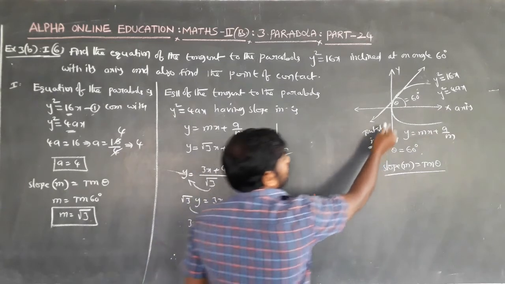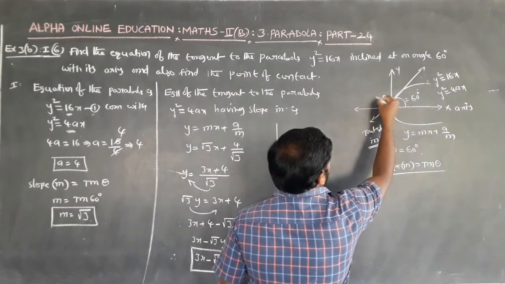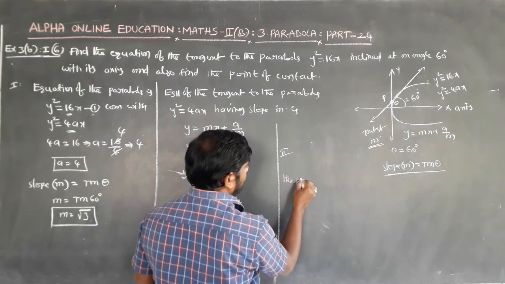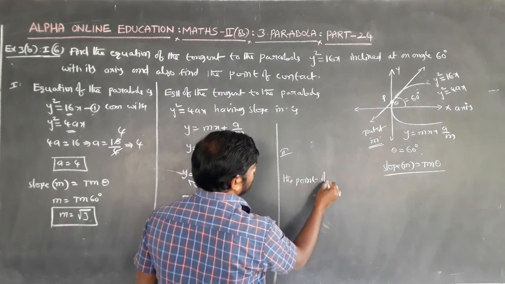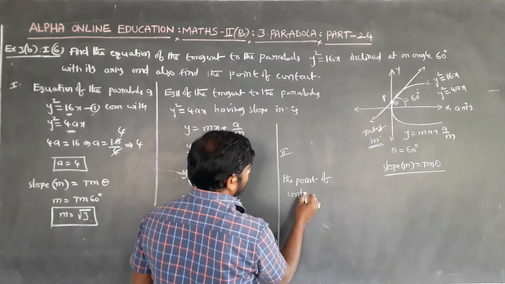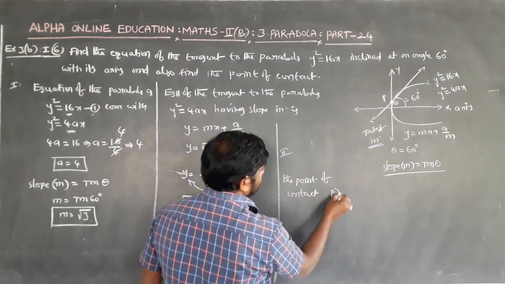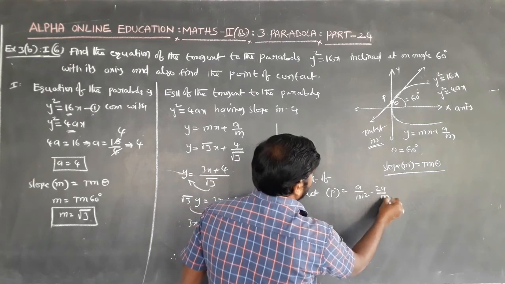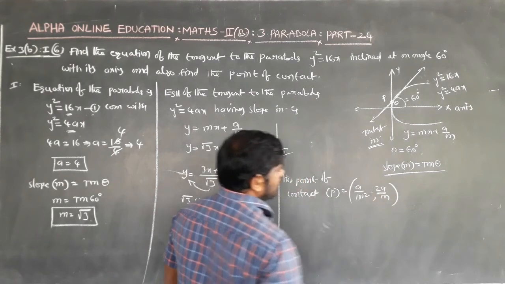Second one, find the point of contact. The point of contact P is equal to (a by m square, 2a by m).